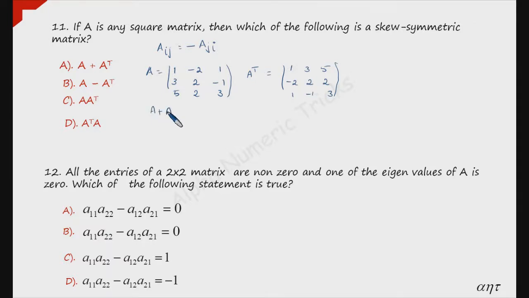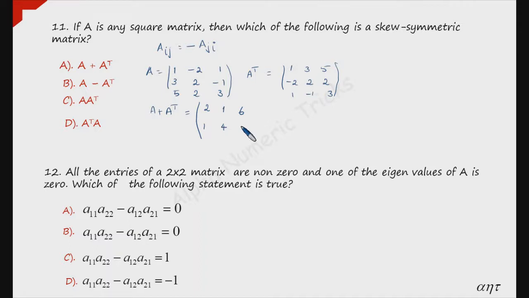The first option is to add these two matrices, so find A plus A transpose. We add the corresponding terms. 1 plus 1 is 2, minus 2 plus 3 is plus 1, and 1 plus 5 is 6. 3 minus 2 is 1, 2 plus 2 is 4, and minus 1 plus 2 is plus 1.